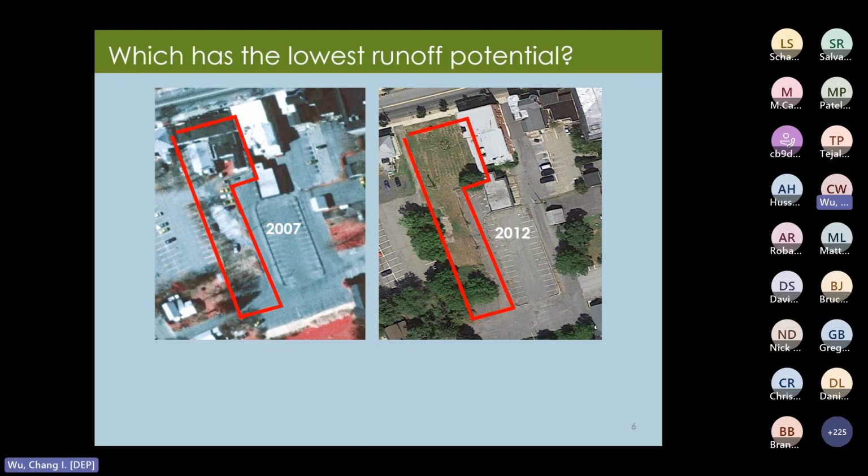And that will likely trigger water quality requirements and also require water quantity control. So we want to emphasize that for impervious surface that's being removed from the site before the application is submitted to the township for review, those removed impervious surfaces cannot be counted as existing impervious surface.